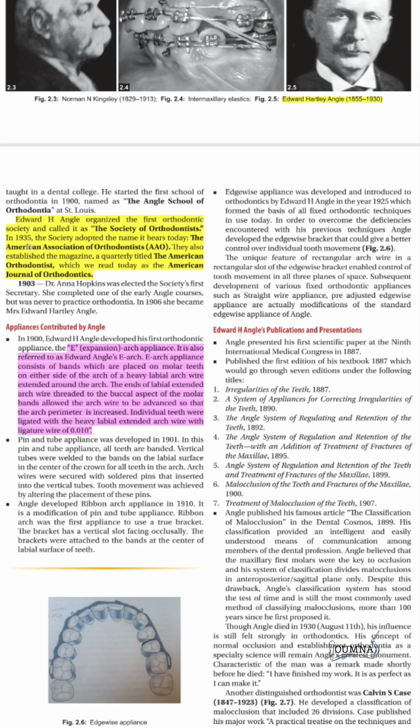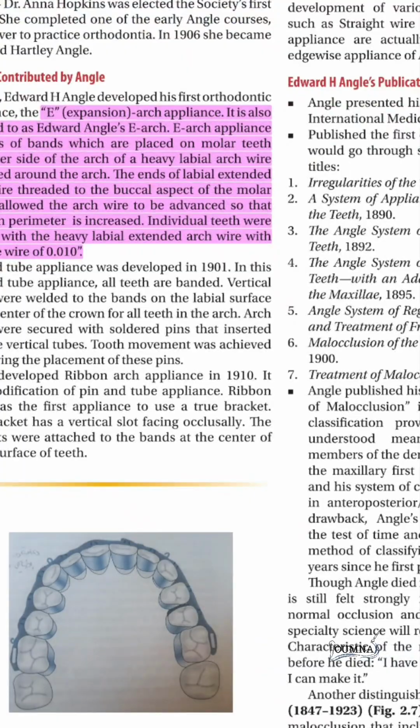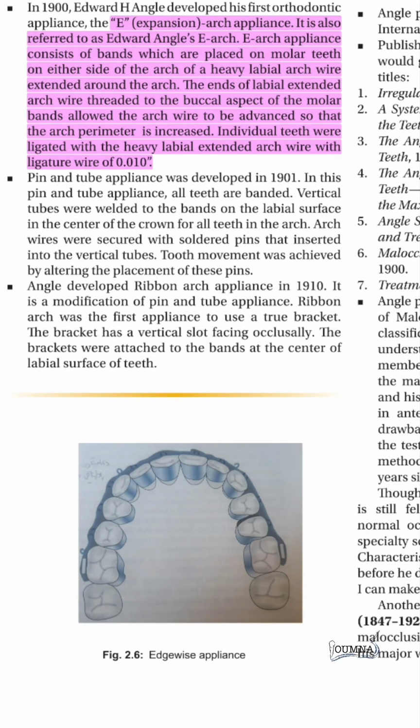In 1935, it was named the American Association of Orthodontists, and they have a journal that is concerned with everything that is ortho. He also developed what is considered the base of the fixed appliances, and it is called the edgewise appliance.